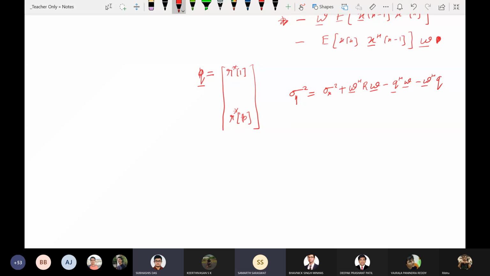What is a gradient? I have a field function. How do I define its gradient? The direction in which the rate of change of magnitude is maximum.